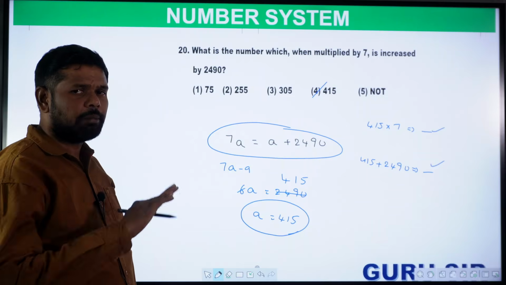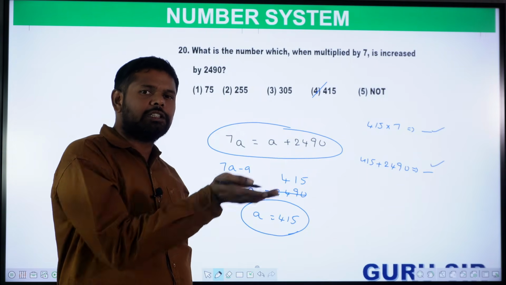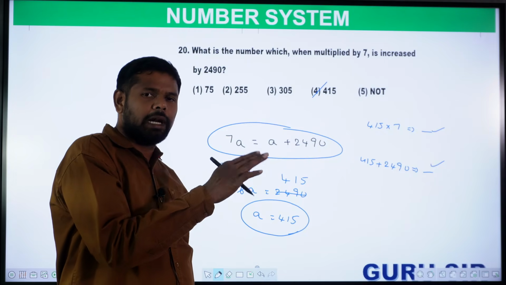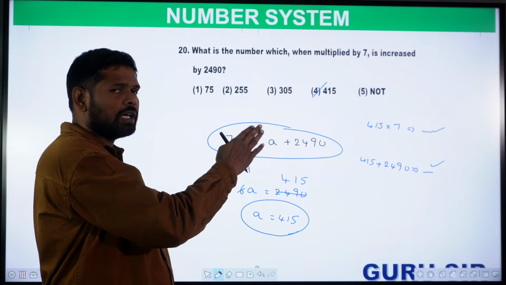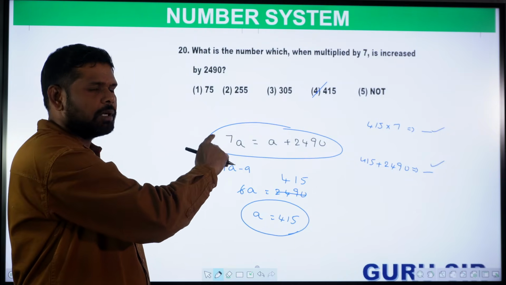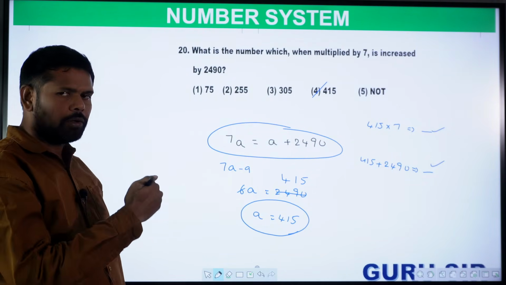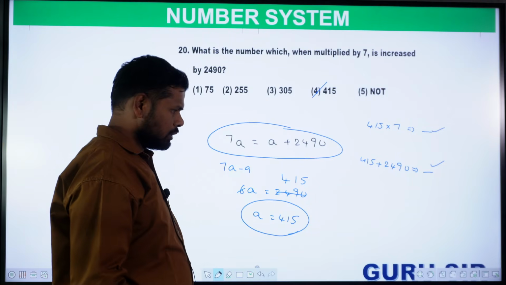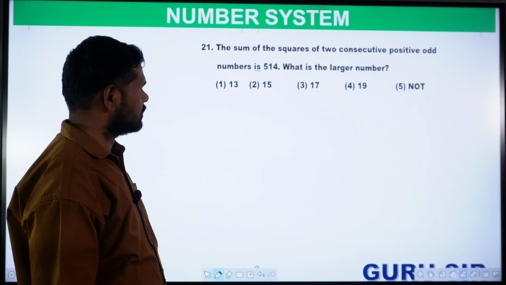The number multiplied by 7 is increased by 2490, adding to that number, we get 7 times that number. That is given in the question. So read the question and try to understand clearly. These are all definitely helpful in further chapters and questions.